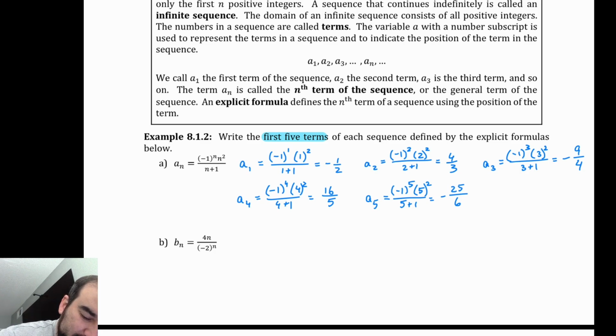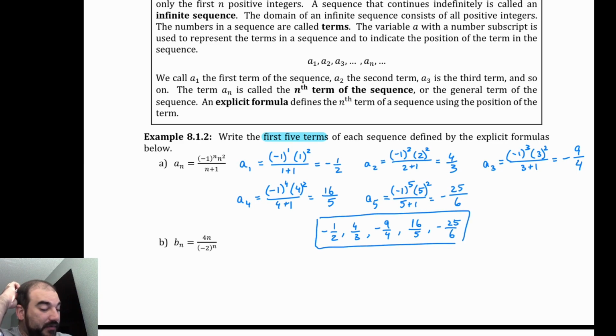I would write the first 5 terms as negative 1/2, comma 4/3, comma negative 9/4, 16/5, and negative 25/6. That is the final answer for the first 5 terms of the sequence.